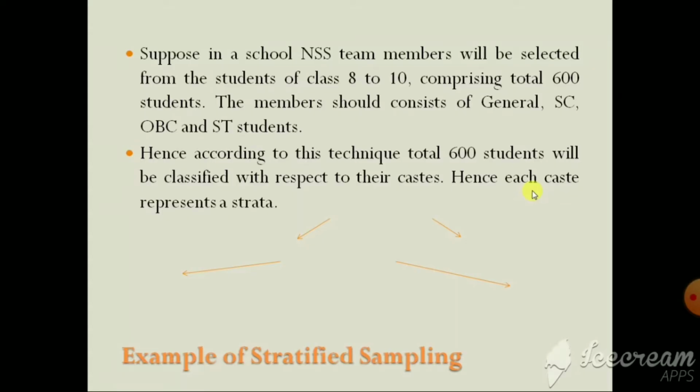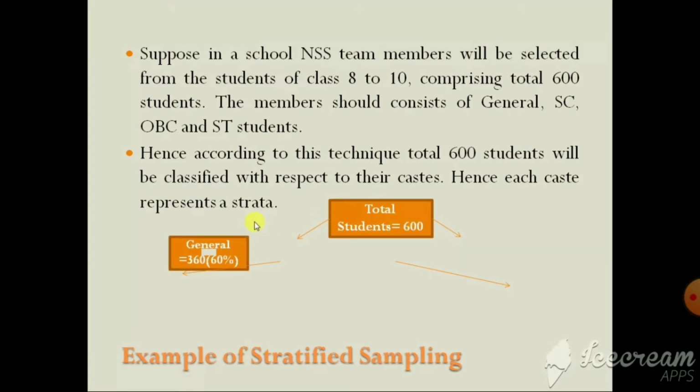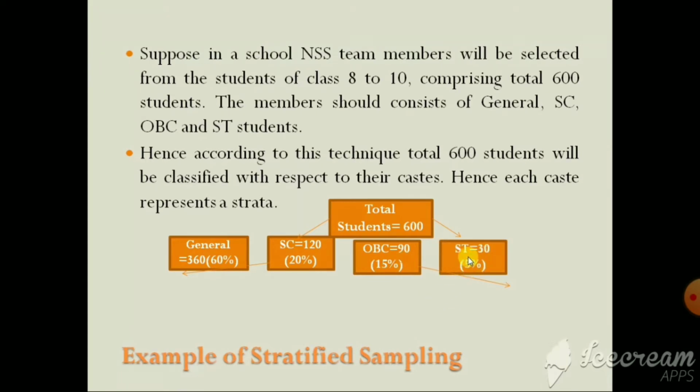Each caste represents a stratum. So total student strength is 600, where the general 60% is 360, the SC is 20%, that is 120, OBC is 15%, that is 90, and ST is 5%, that is 30. So these are the 4 strata.